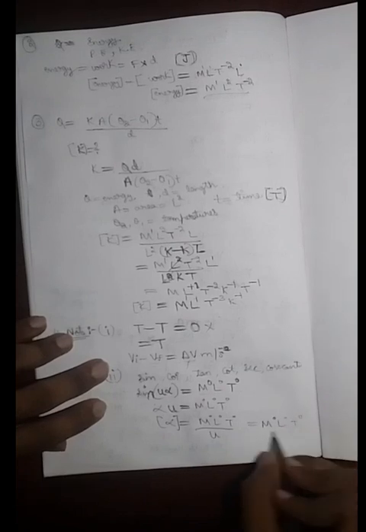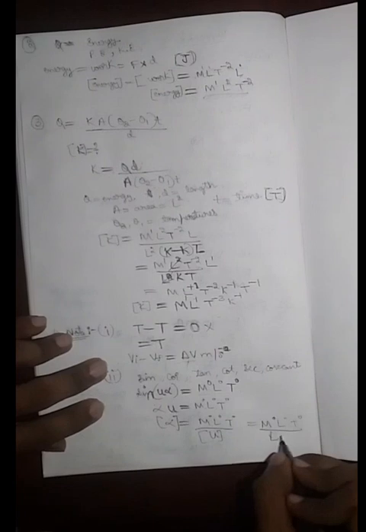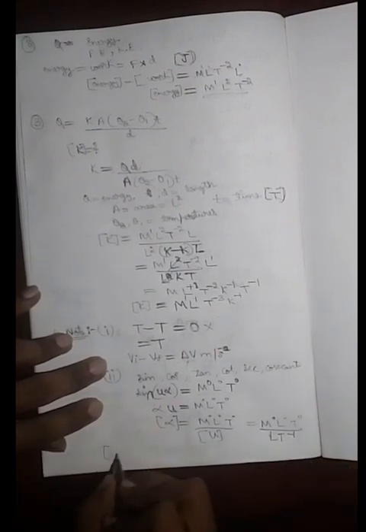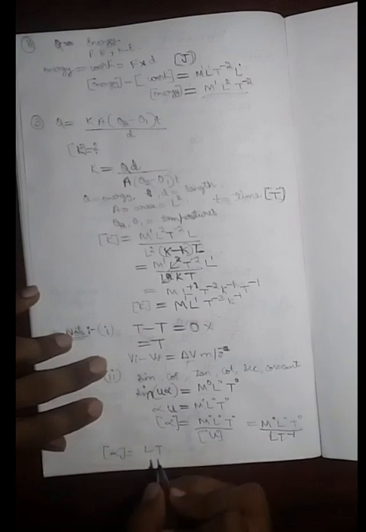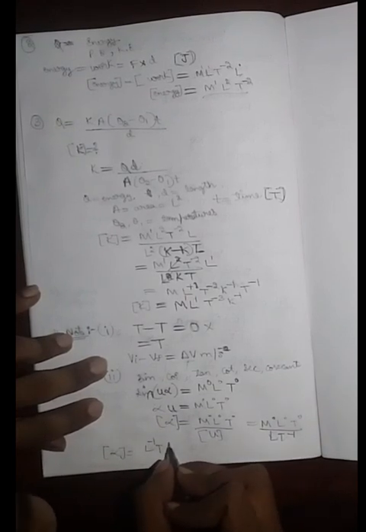And to find alpha, the dimensional equation of velocity is L T power minus 1, so alpha is equal to L power minus 1, T power plus 1.